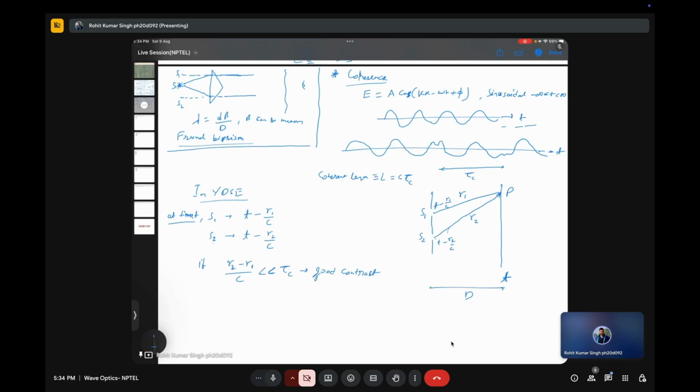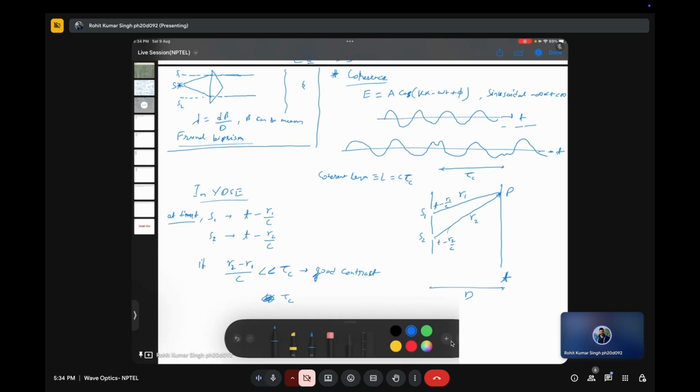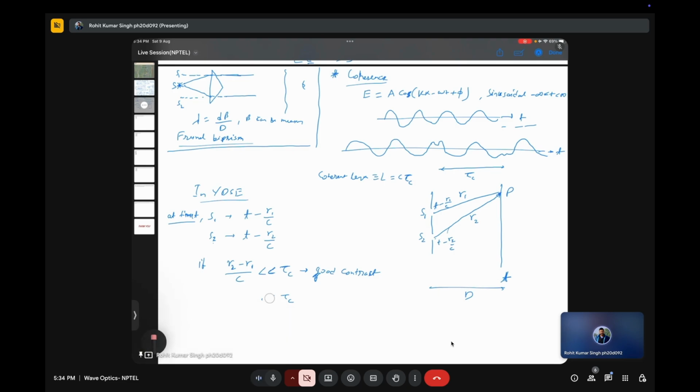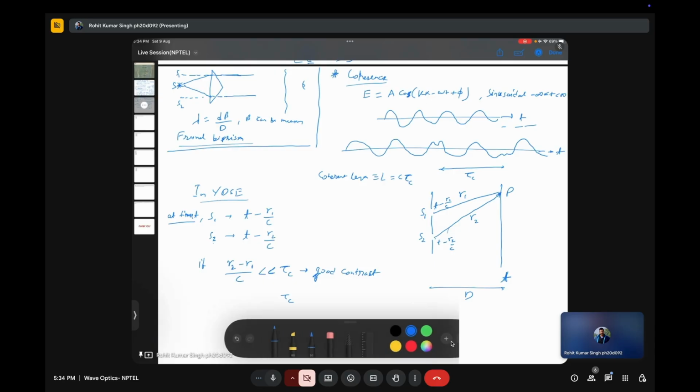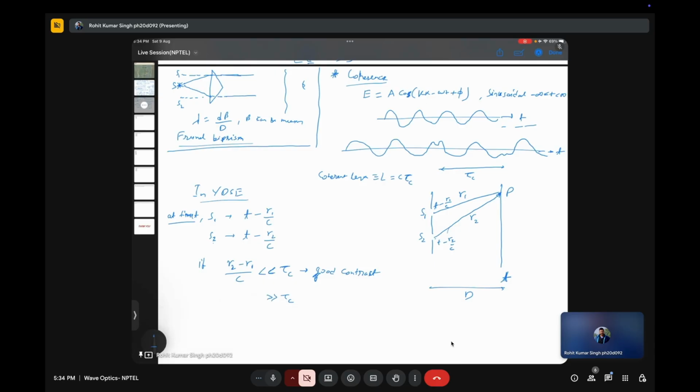Okay, and if this criterion is not satisfied, like if this time is greater than the coherence time, then no fixed phase relationship will be there.